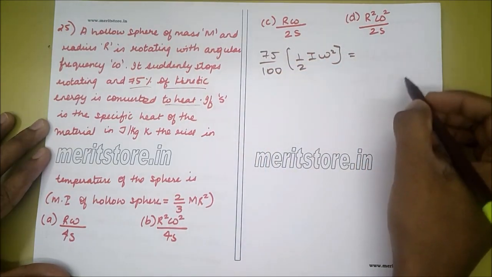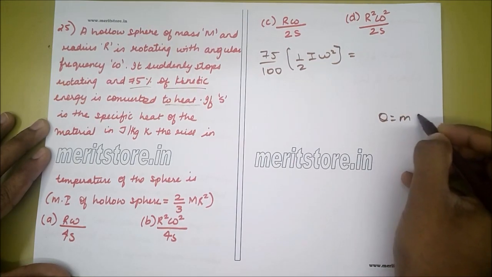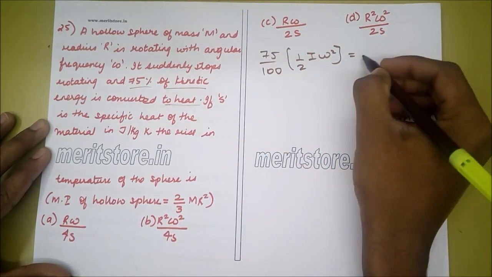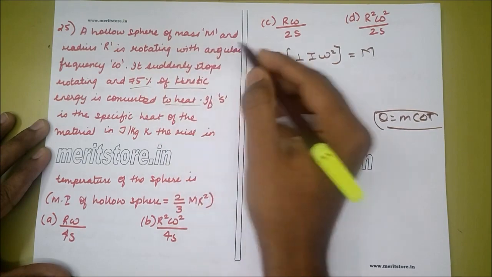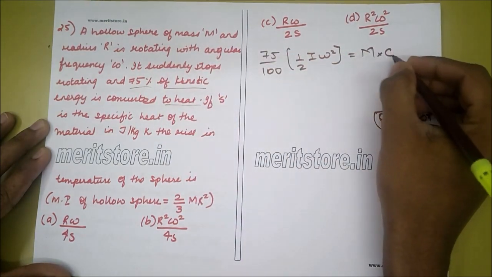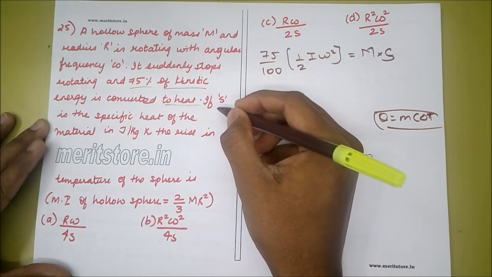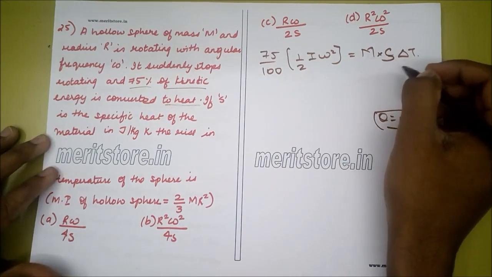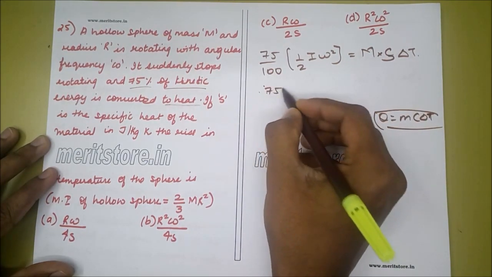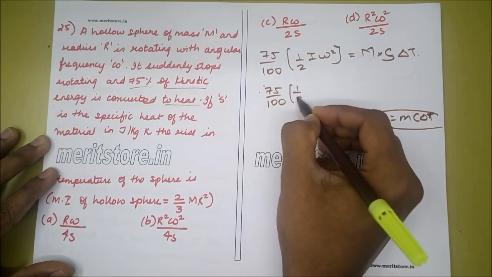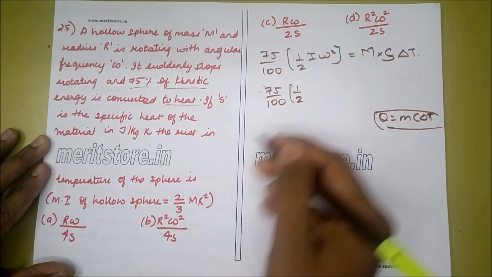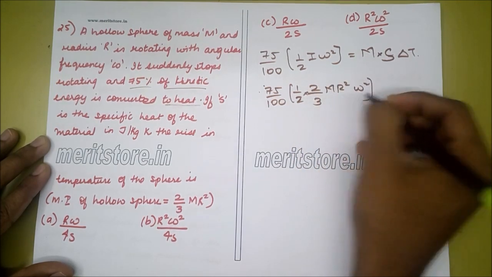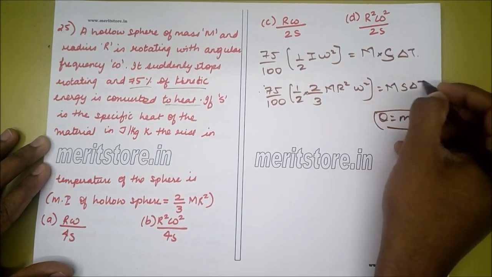So from the formula, Q is equal to mc delta T. So this amount of heat is equal to m, the mass of the sphere, into s, which in this case is the specific heat, and delta T is the change in temperature. So now 75 upon 100 into half, I is given as 2 by 3 mr square, into omega square is equal to ms into delta T.